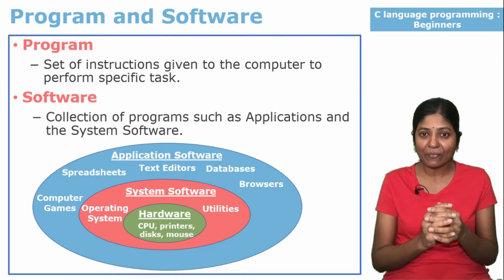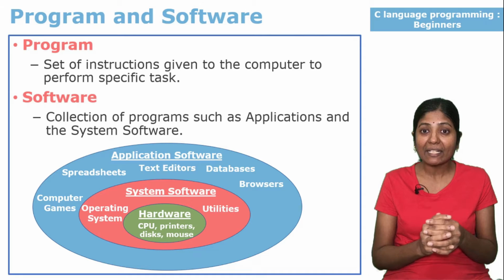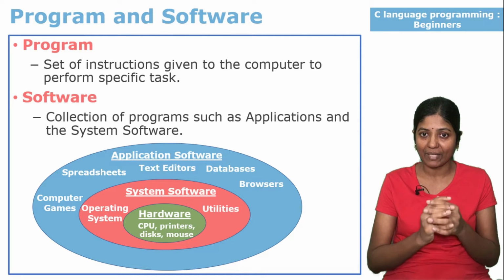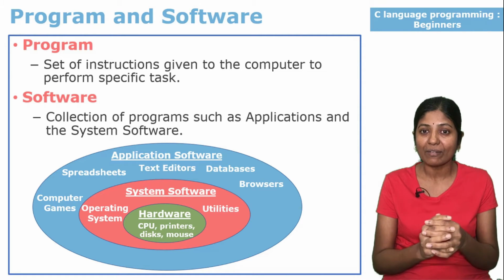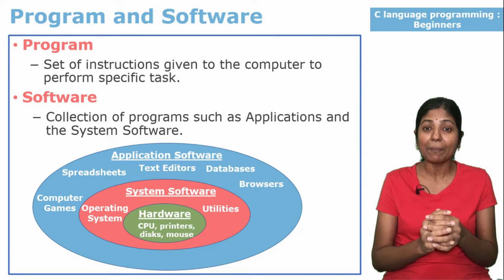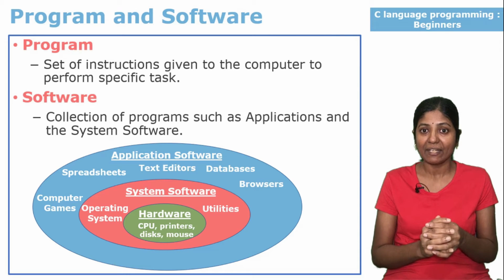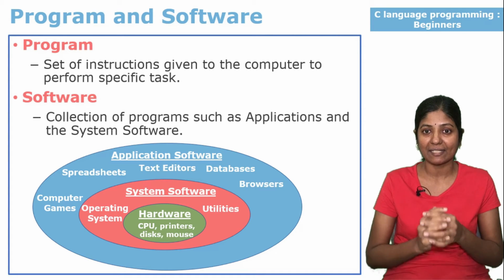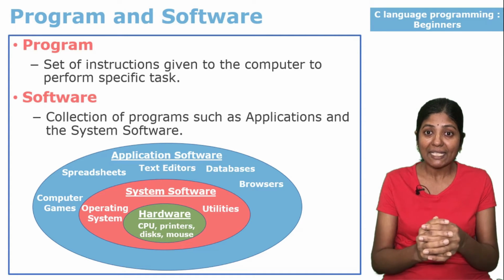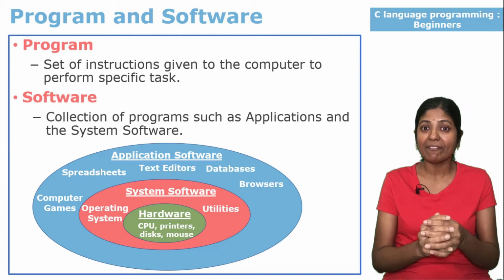Using system software, we interact with the computer hardware. It means system software operates the hardware, and using application software, we interact with the system to perform a specific task. An example of application software is a web browser.